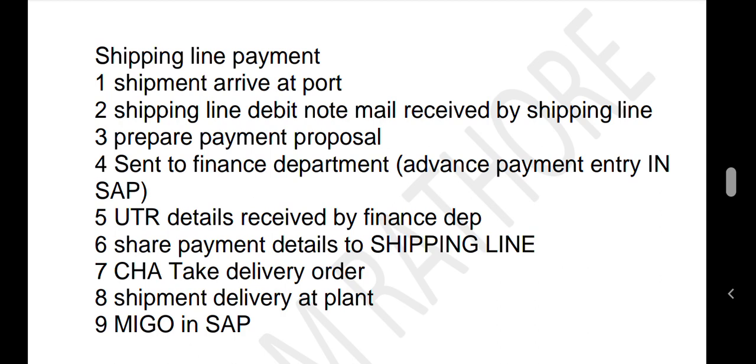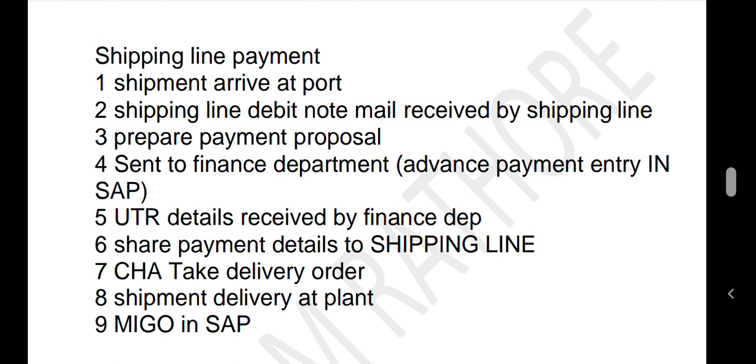Once we receive the invoice from the shipping line for the payment, as we discussed in the previous session, we need to prepare the payment proposal. As we are working in the export department and will not release the payment, we need to prepare the payment proposal.